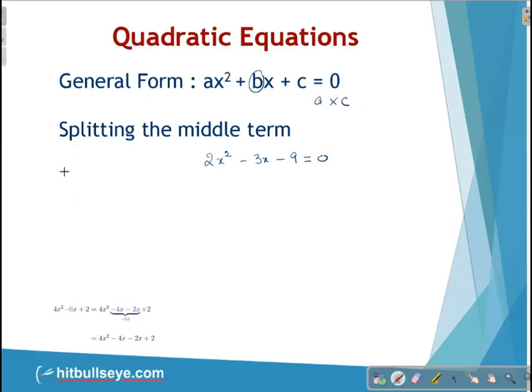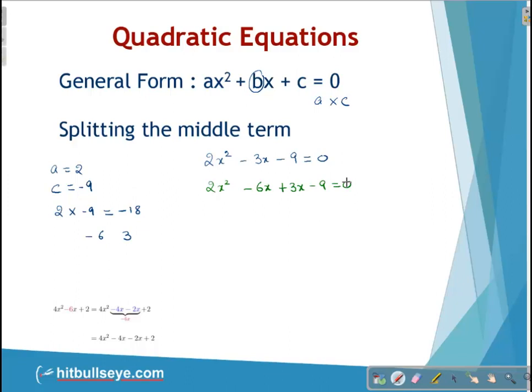So here a refers to 2 and c refers to 9, or more specifically minus 9. So I need 2 numbers which are the factors of 2 times minus 9, which is minus 18. So students, those 2 numbers are minus 6 and 3. So I will write this equation as 2x square minus 6x plus 3x minus 9 equals to 0.